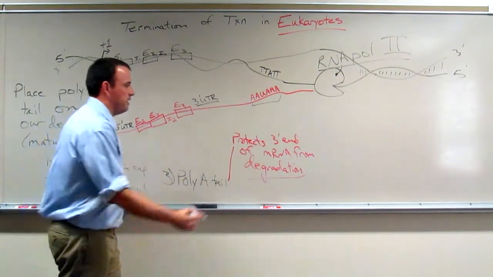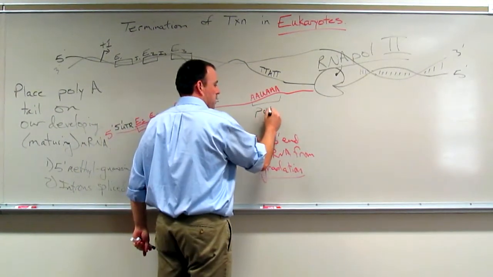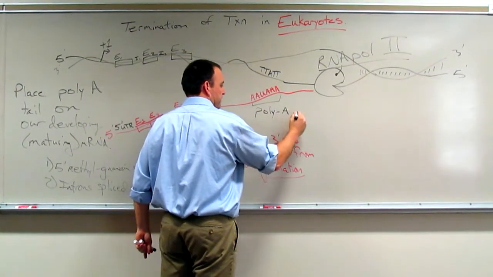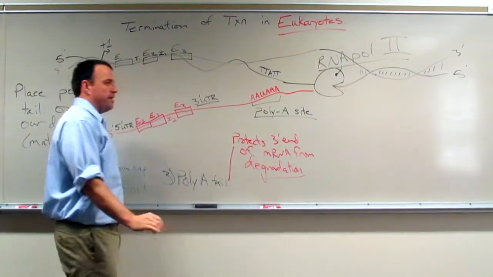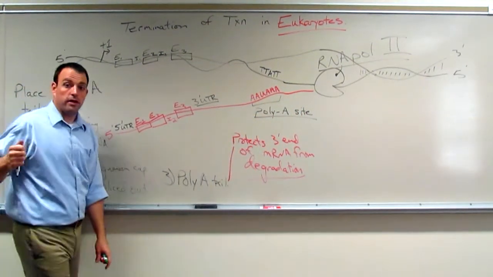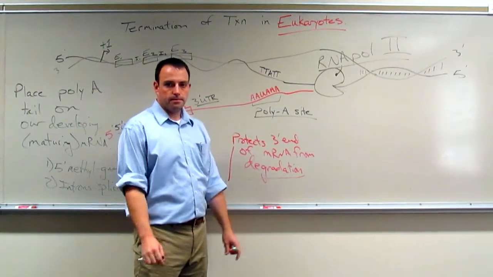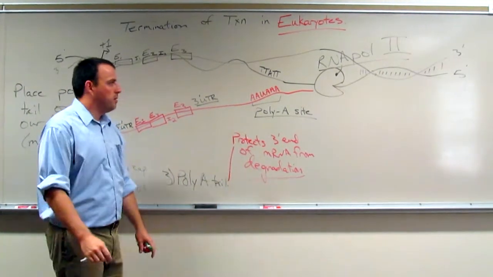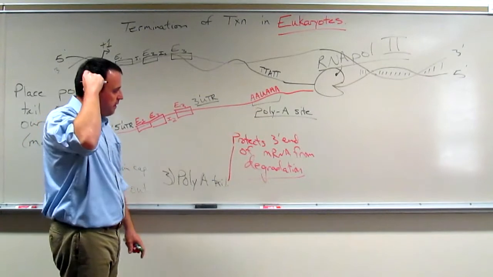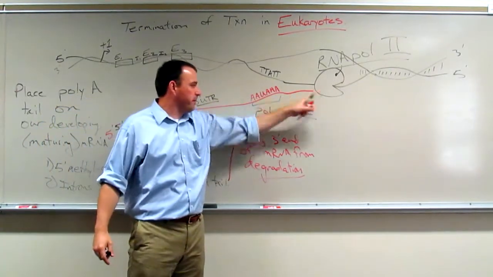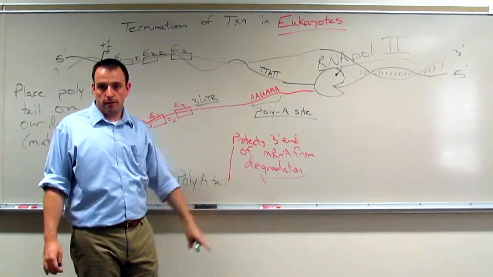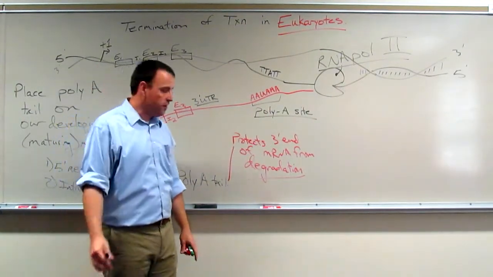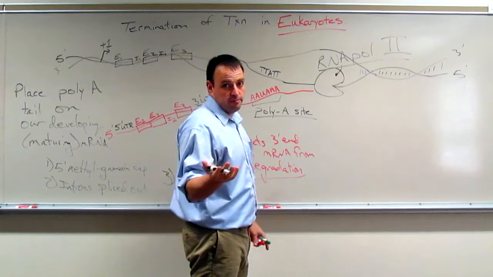And that is what you would call the poly-A site. And it's a signal to RNA polymerase to stop. Well, how is it the signal to stop? I've already drawn RNA polymerase going past it, so either I'm stupid or there's something else involved, right? But both of those things are true.